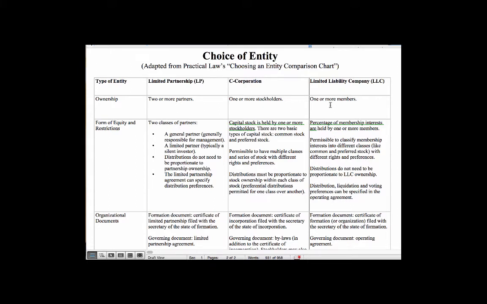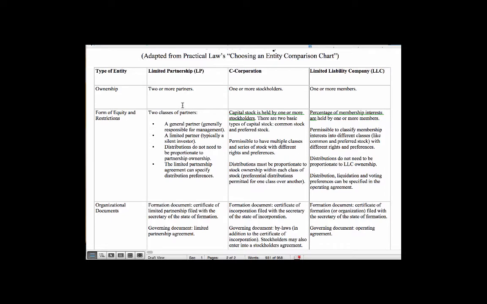And then in LLCs, you can have one or more members who are similar to stockholders or shareholders. These are the folks that own the equity interests in the enterprise. So those are just the different names for the ultimate owners of those kinds of entities.